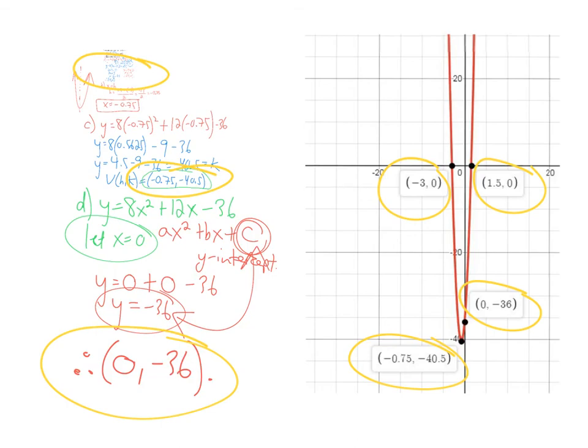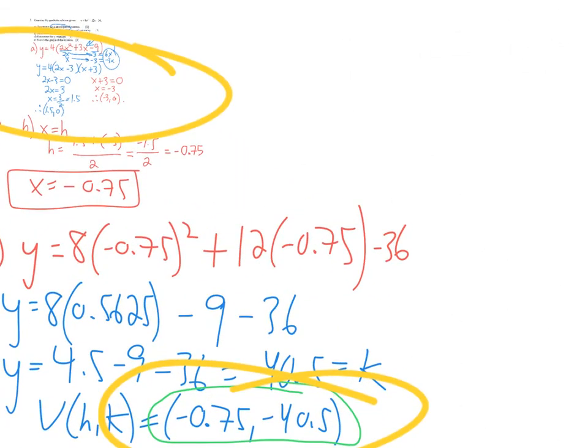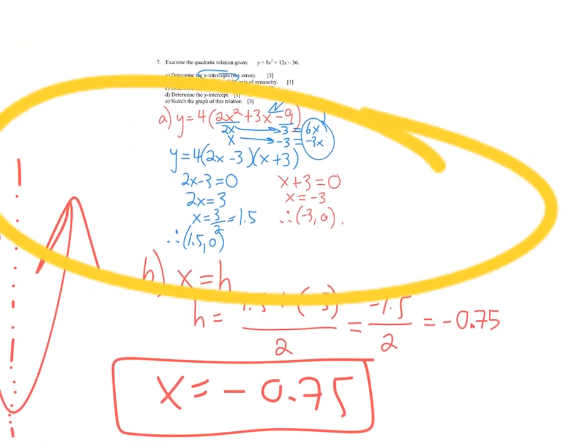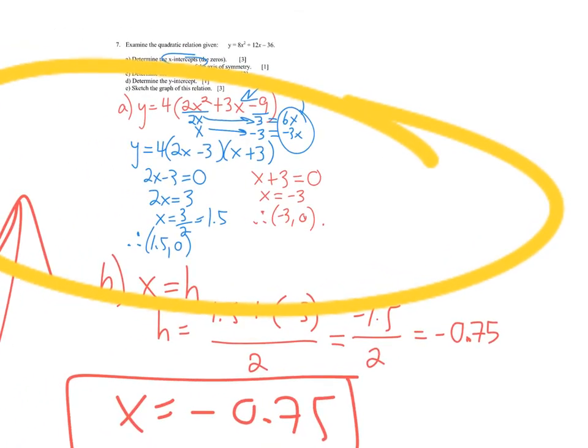of this quadratic relation. And let me zoom in on the x-intercepts so we could recall those. We have our factored form, y equals 4 bracket 2x minus 3 close bracket x plus 3. That led to our first x-intercept of 1.5 and our second x-intercept of negative 3.